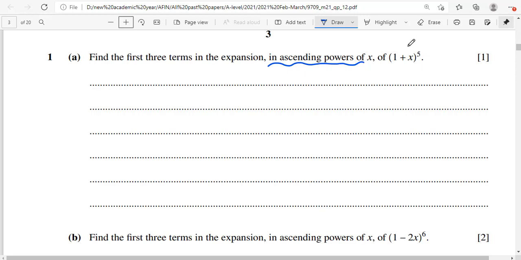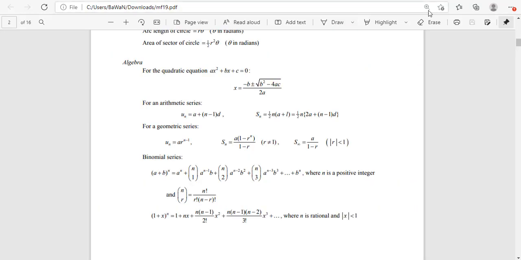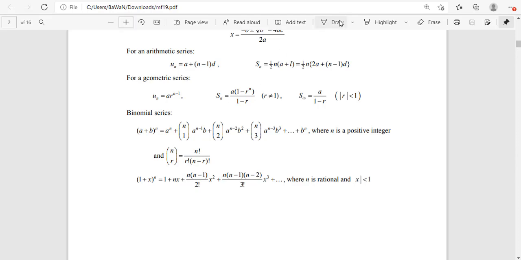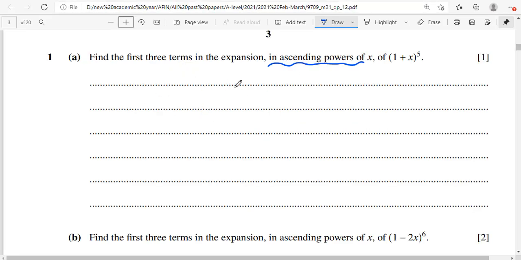In order to expand this in the MF19, there is the rule we need. This is the rule. So we need the first term power n plus combination from n to 1, 1 minus n. Okay, we got the rule.